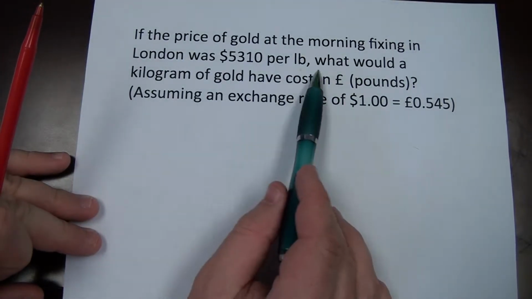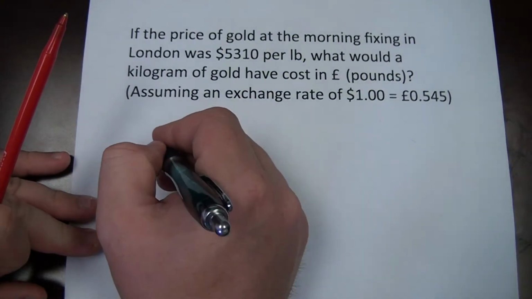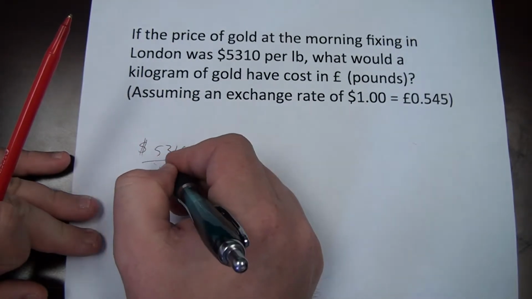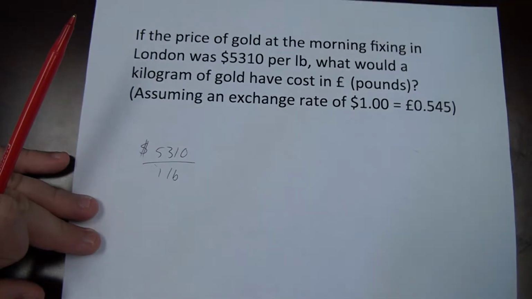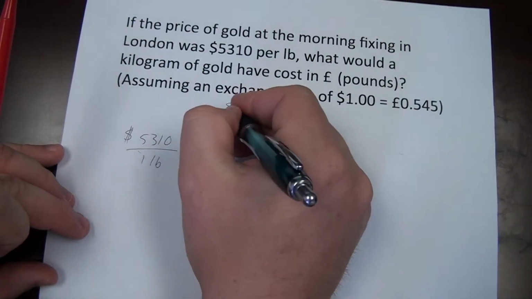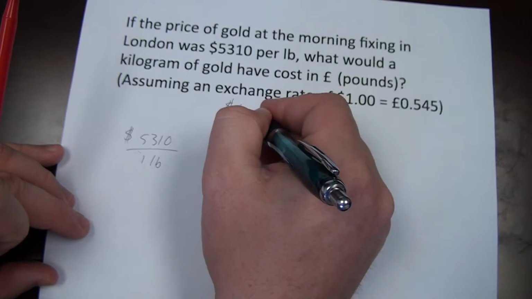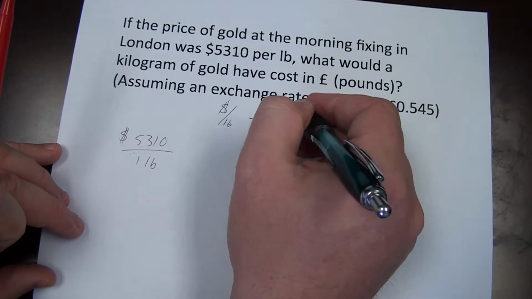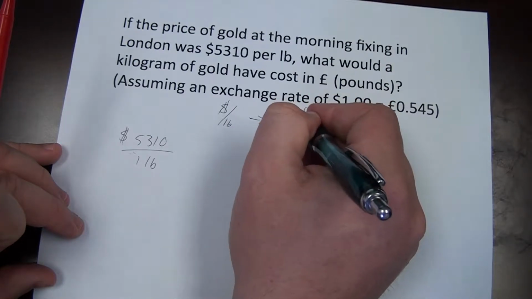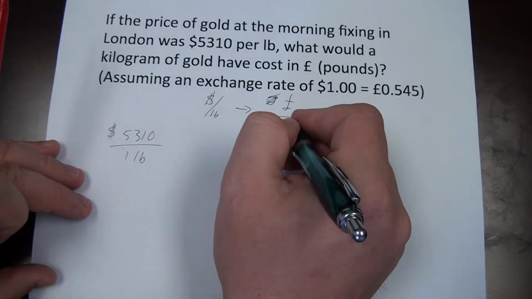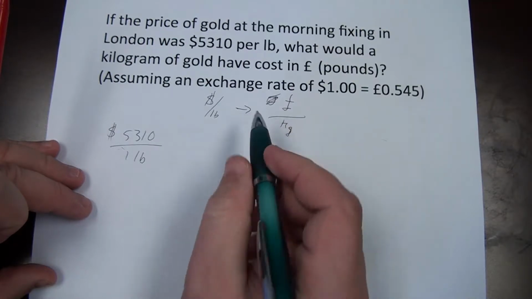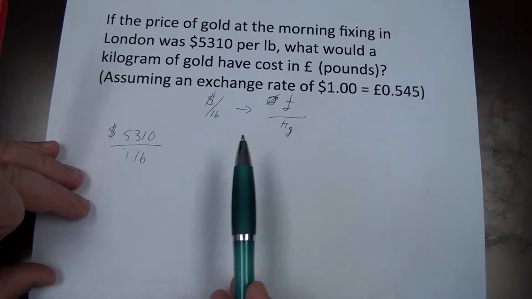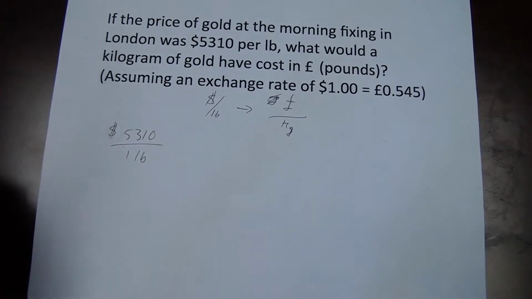So we're going to start with what we have here. We have $5,310 per 1 pound of gold. So we're going to go from dollars per pound, and we want to convert to pounds per kilogram. So we're going to have to convert dollars to pounds and pounds to kilograms. So we have our initial mass here.